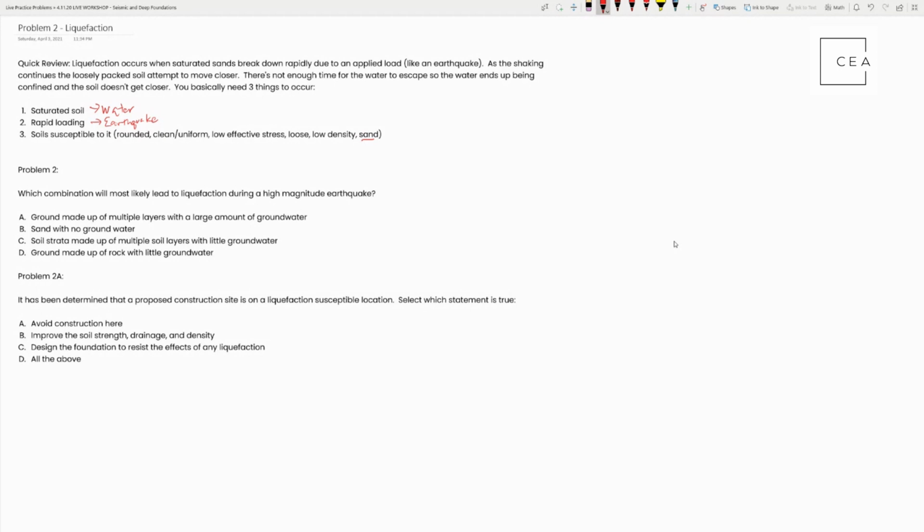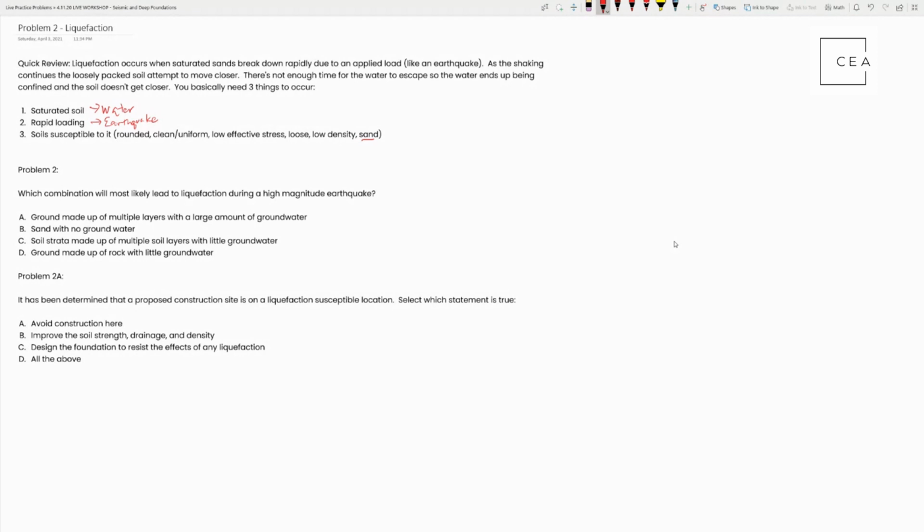A, ground made up of multiple layers with a large amount of groundwater. B, sand with no groundwater. C, soil strata made up of multiple soil layers with little groundwater. Or D, ground made up of rock with little groundwater. So let's just go through these a little bit.